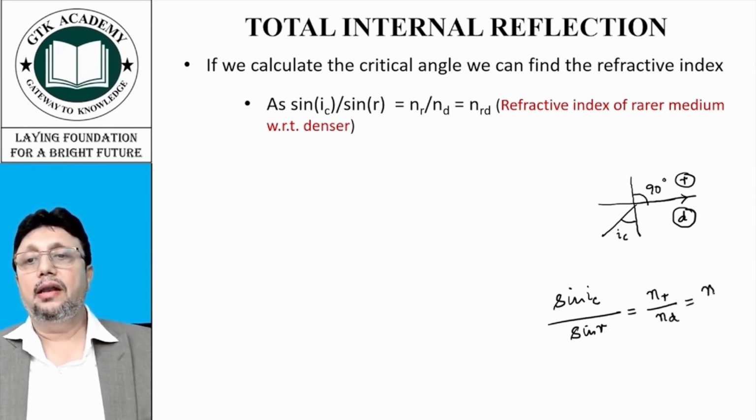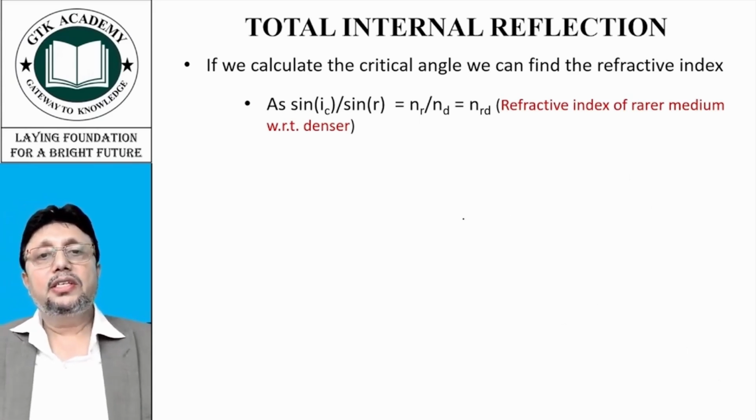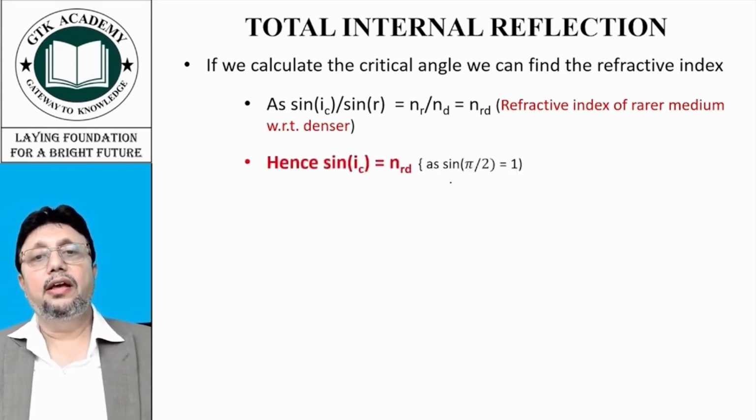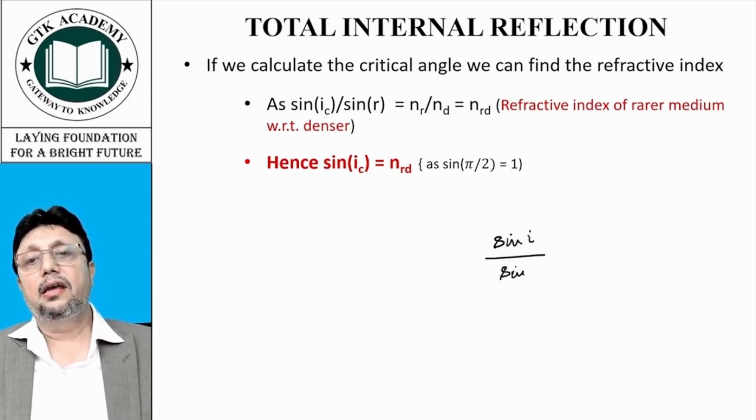This is called NRD, also written as like this, refractive index of rarer medium with respect to denser medium, or it is also written as 1 upon NDR, refractive index of denser medium with respect to rarer medium, right? So in this case, you can clearly see that sine I upon sine R, since sine R is sine 90 degree, is equal to NRD.